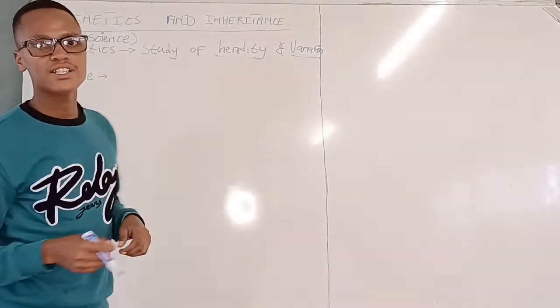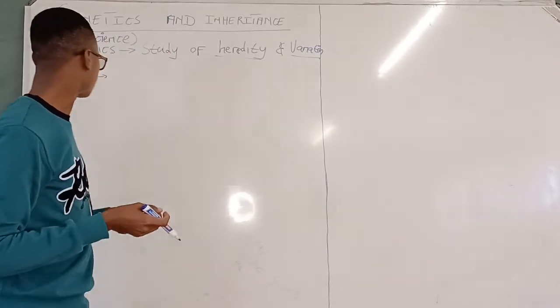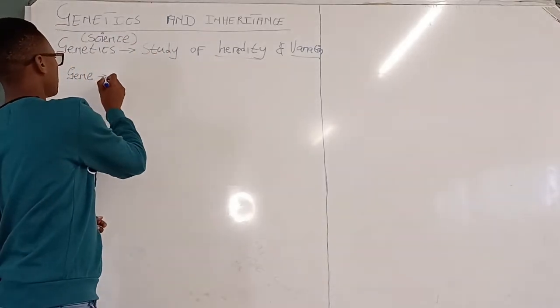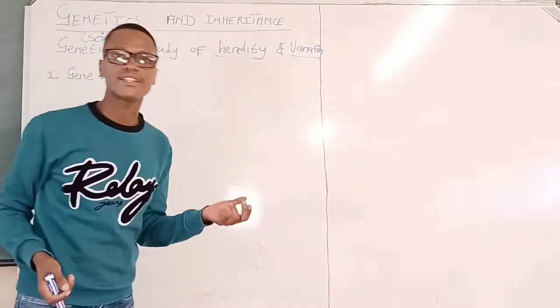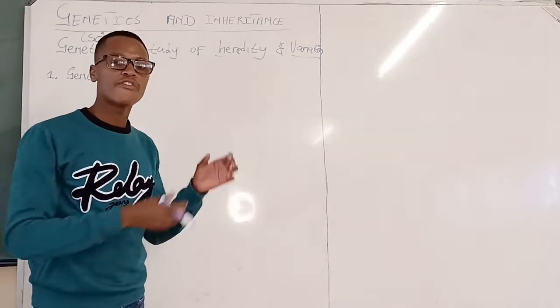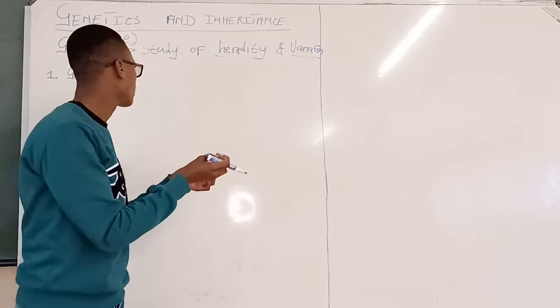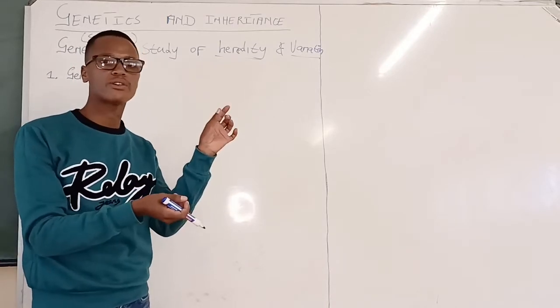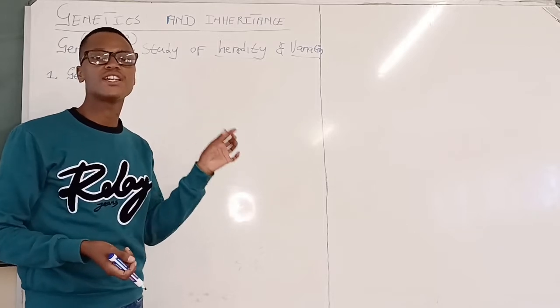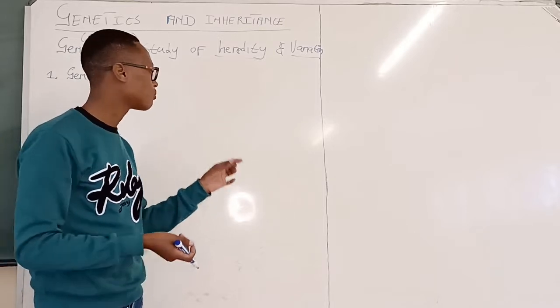A gene is a portion or a segment of DNA that is found in a chromosome. It means that it is a small section of DNA that is found in a chromosome.